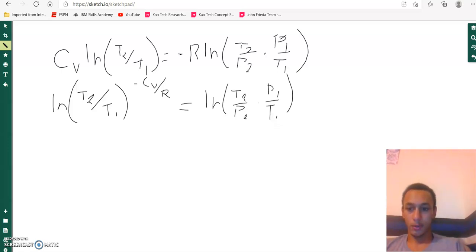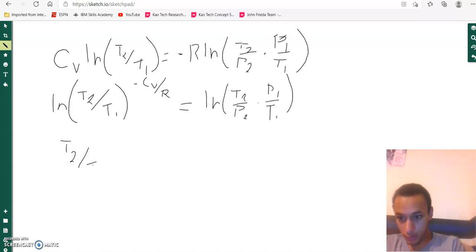You'll get T2 over T1, since both these will go away. And then we can change what that is on that side. You can make it T2 over T1 times P1 over P2, which is what we're going to want to do. When you do that, you can do T2 over T1, moving it to this side.